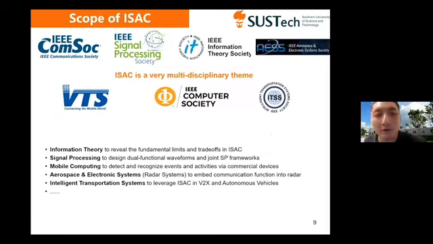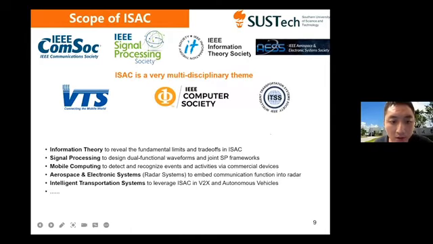the scope of ISAC is actually very multidisciplinary. As far as I can see, there are lots of IEEE societies involved in this topic. From basic information theory to reveal the fundamental limits and trade-offs in ISAC. And of course, we have signal processing, which is mainly my work, on designing dual-functional waveforms and joint signal processing frameworks.